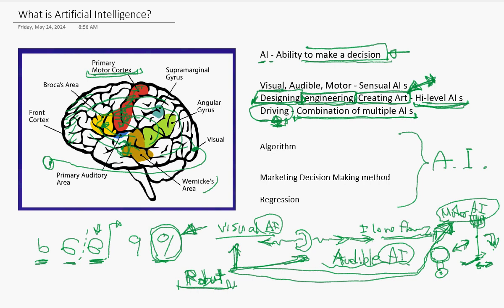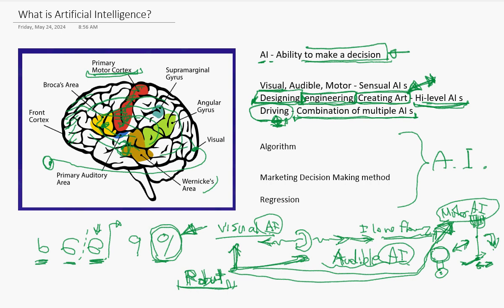Only a human can do everything. Like the genius, he can paint beautiful pictures and design engineering, understand the science. Only a human can do all of that, plus language, everything.